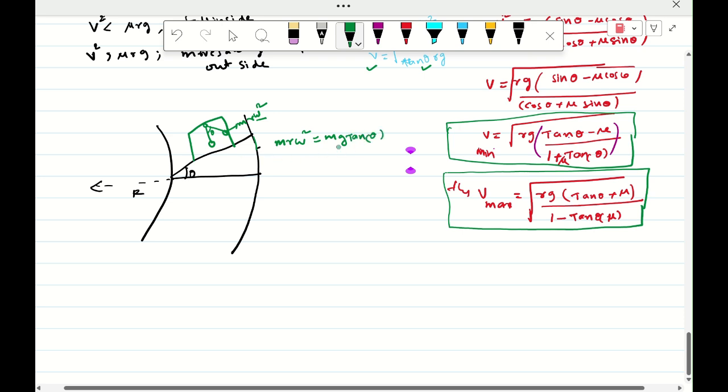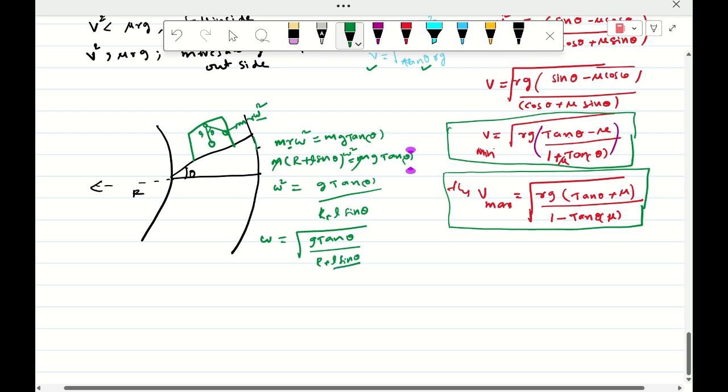After drawing the free body diagrams, you will get mg tan theta, which is equal to m r omega square. Here r is equal to capital R, the radius of the circle, plus L sin theta, where L is the length. So mg tan theta equals m omega square times (R plus L sin theta). Therefore omega square equals g tan theta by R plus L sin theta, and omega is equal to root over g tan theta by R plus L sin theta.